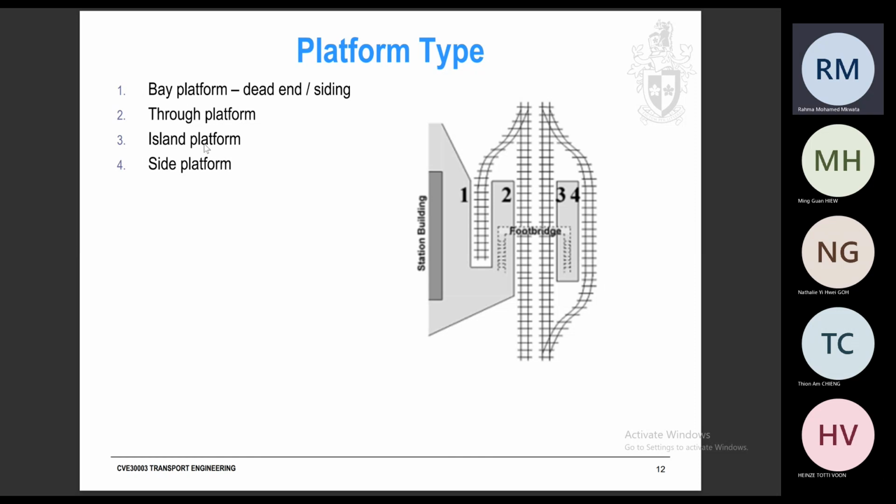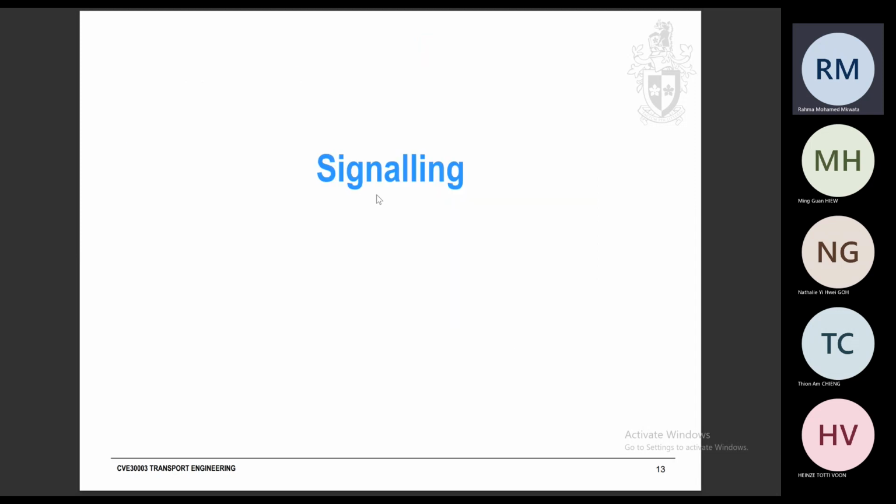Then we have island platform, where you need to have some sort of crossing over to the other side. This is not connected to the main station building. The fourth one is side platform, which is usually facing outside from the station building. These are the general layout of the 4 types of platform.